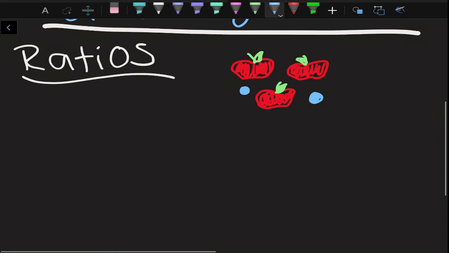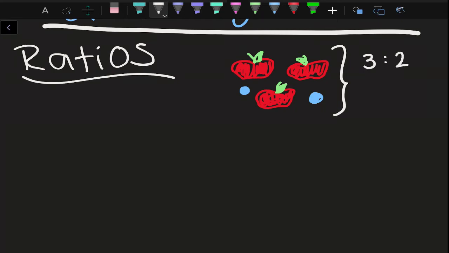We'll say these are. That means that my proportion of apples to blueberries can be shown as 3 apples to 2 blueberries, or we could say 3 apples, 2 blueberries, or I can just say 3, 2. So there's 3 different ways to write that.